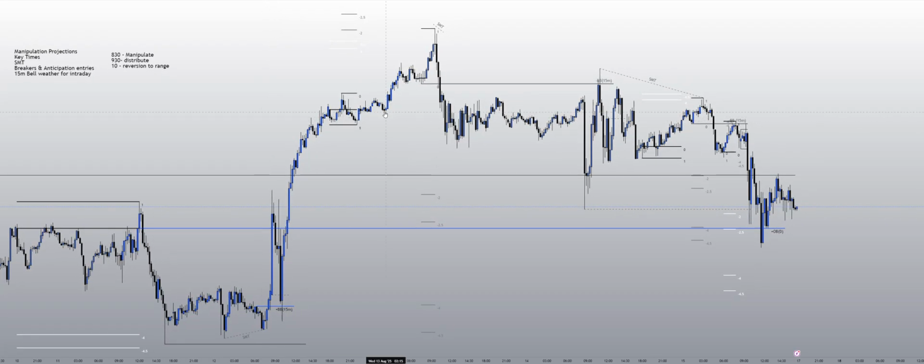Now, going into Wednesday, I was looking for sells. Why was I looking for sells? I'll give you guys some logic. This black line right here is the previous all-time high. You have your daily close right here.